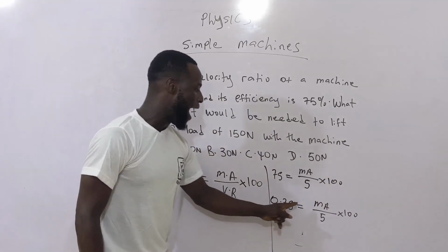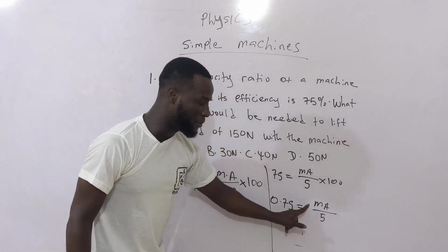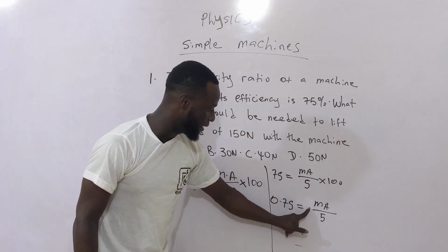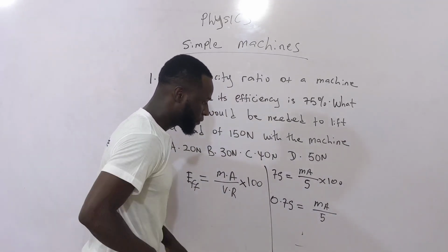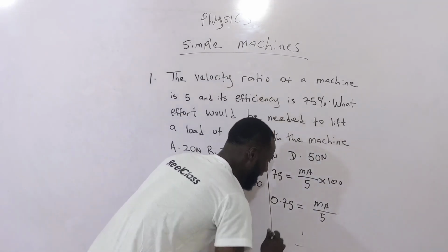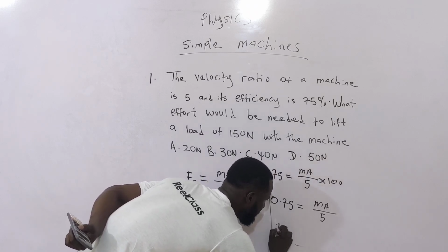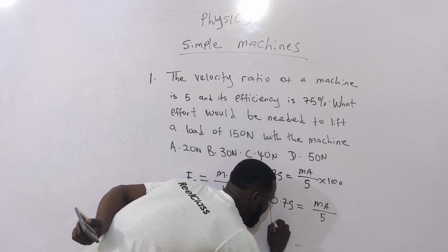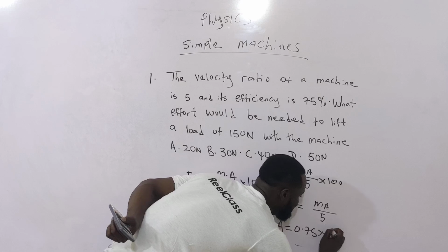From here, I'll cross multiply. If I cross multiply, I'm going to have MA is equal to 0.75 times 5.